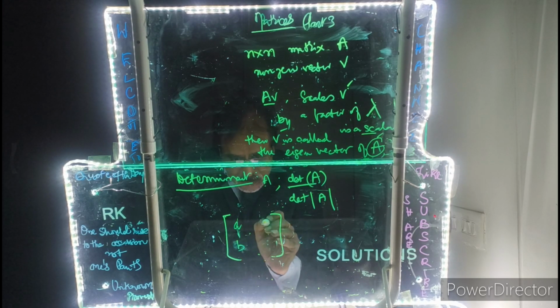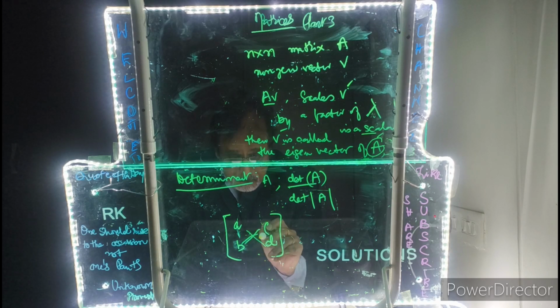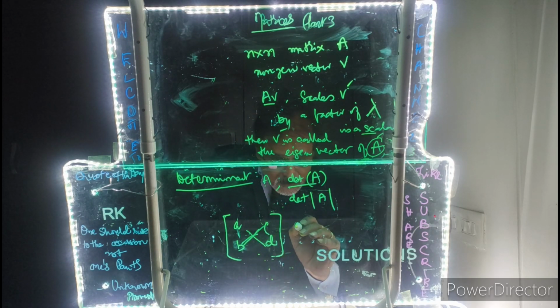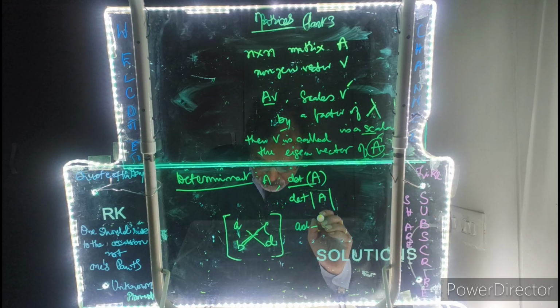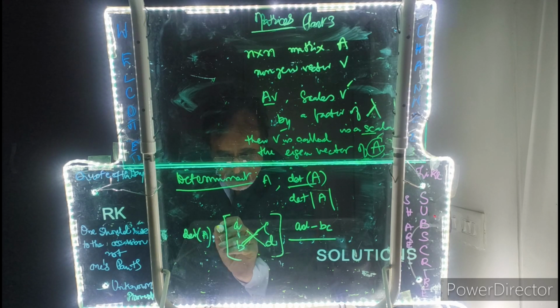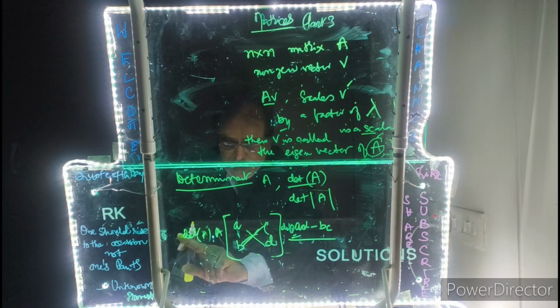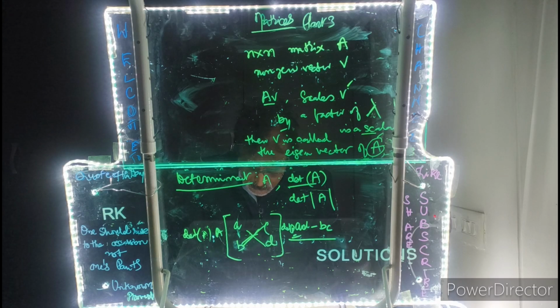So we'll take a, b, c, d, let's say. Then you multiply these two and you multiply these two. ad minus bc will be det A. So that's the determinant.